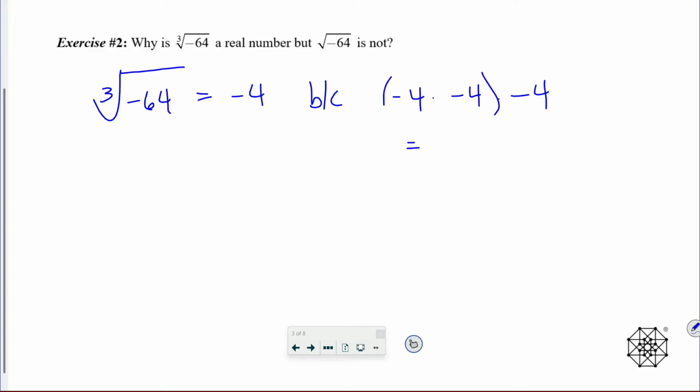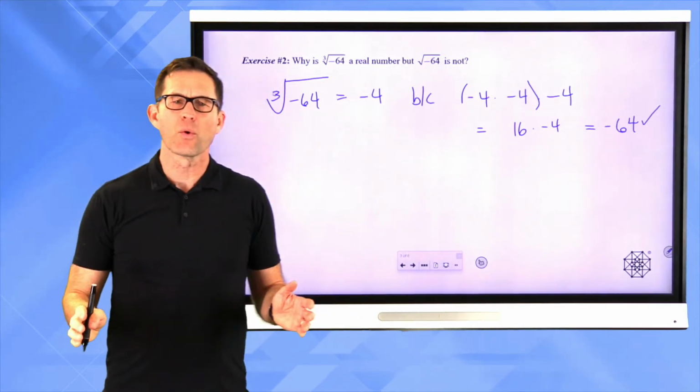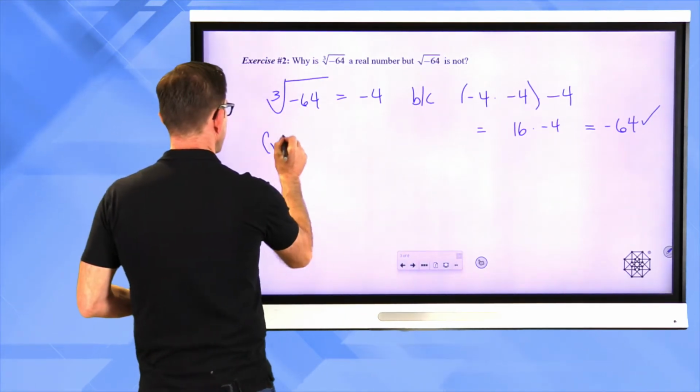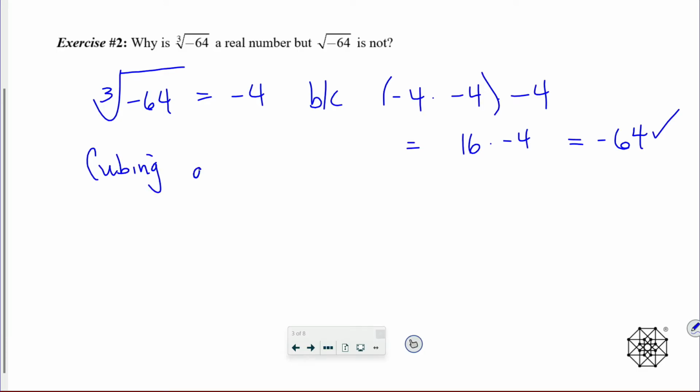You know, if I did this first, I'd get 16 times negative 4. That would be negative 64, right? So that's perfectly okay. In other words, if I cube a negative number, so cubing it, not cubed rooting it, but cubing a negative number gives a negative.